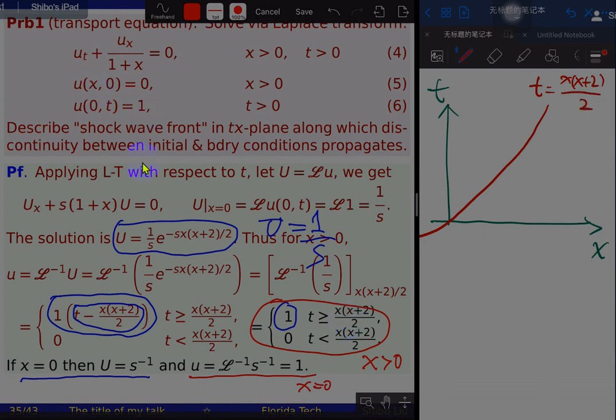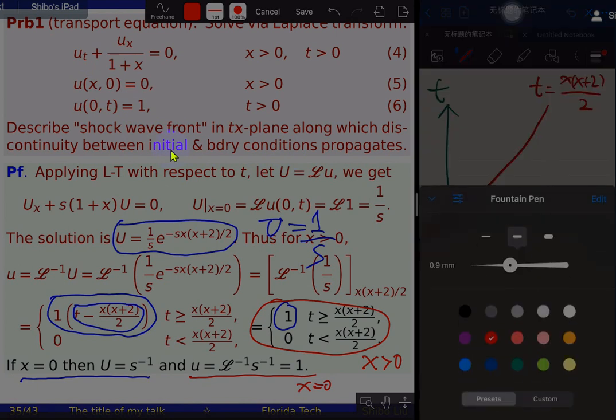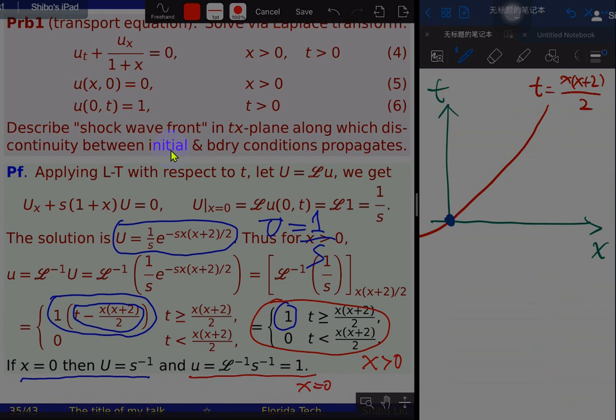Now our initial condition and the boundary condition is discontinuous. Why? Look at the origin. The u is not continuous at the origin, because when your point (x, t) approaches 0 along the t-axis, that is when x is 0, u is constantly 1 on the t-axis.